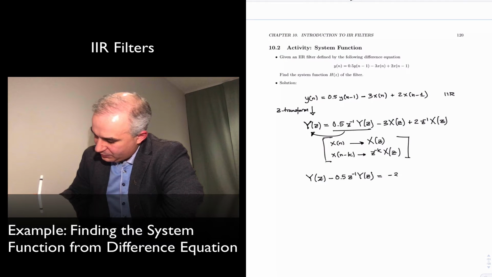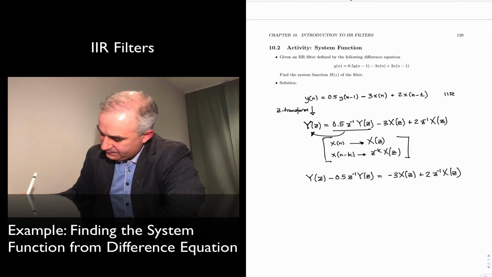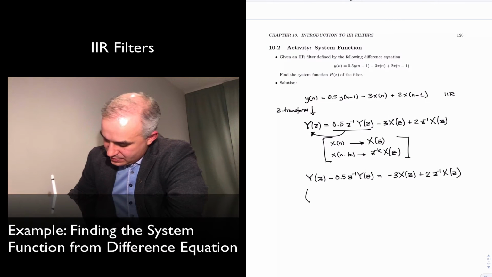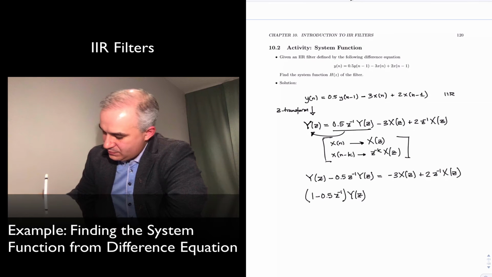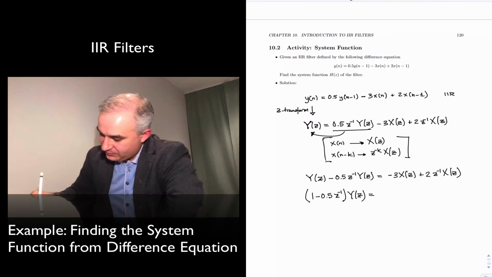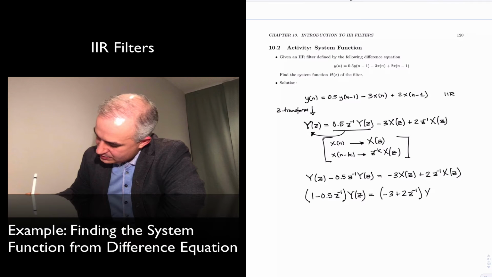We are left with 3 X of z plus 2 z to the minus 1 X of z. We can factor, so we have 1 minus 0.5 z to the minus 1 Y of z. This is equal to, we are going to factor that too, minus 3 plus 2 z to the minus 1 X of z.